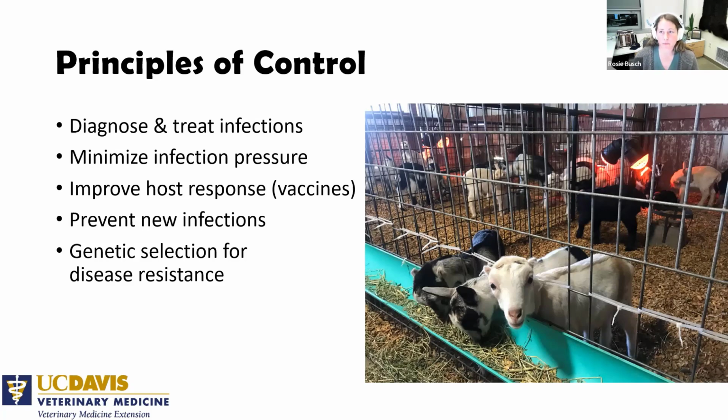So we're always thinking about breeding a better animal as we go. And then other options are genetic tests. There are a few genetic tests for sheep and goats looking at disease resistance.